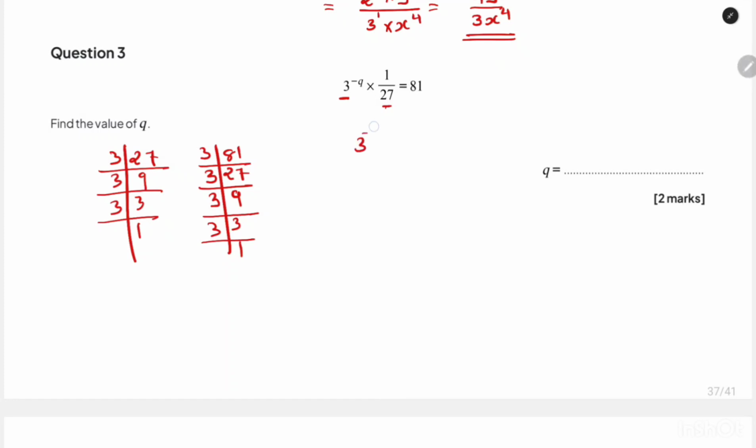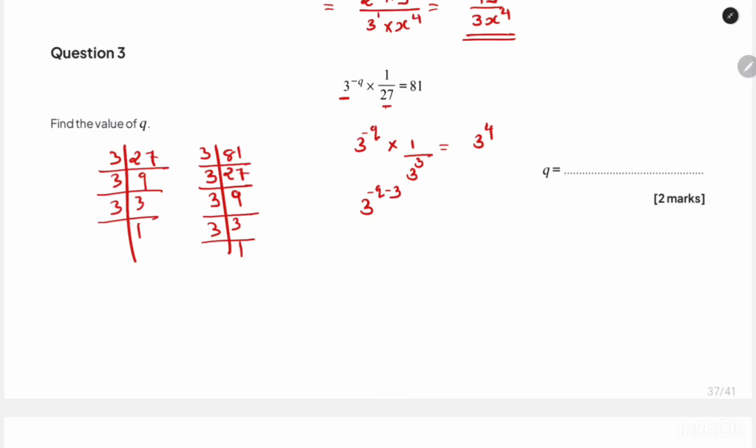So this 3 raised to minus q as it is, and 27 can be written as 1 upon 3 raised to 3, and this is 3 raised to 4. 81 is 3 raised to 4. Now in division we subtract the powers. So this is 3 raised to minus q minus 3.